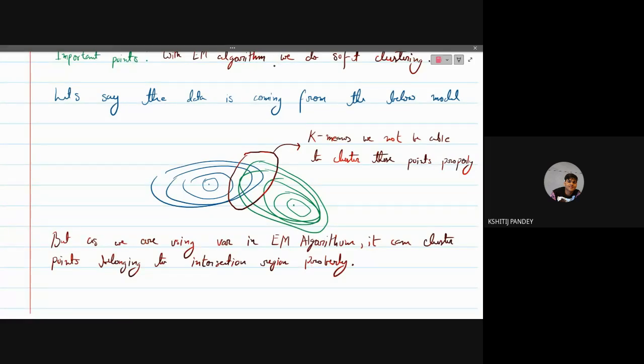And the other important part is that the EM algorithm does not cluster your points based on Voronoi regions.